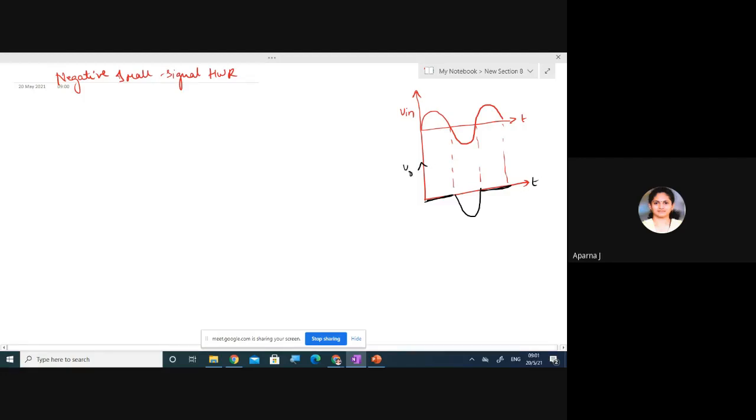And for only the negative cycle, we should get that negative cycle. Now what is the change with respect to the previous diagram? Can anyone tell me? What change should be made? You should always compare one diagram that you have studied earlier with the next diagram.